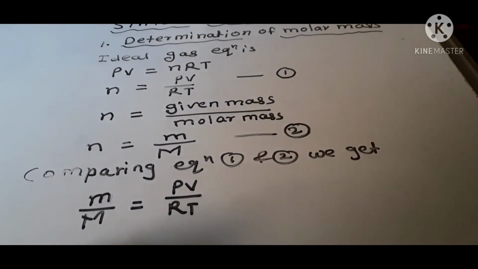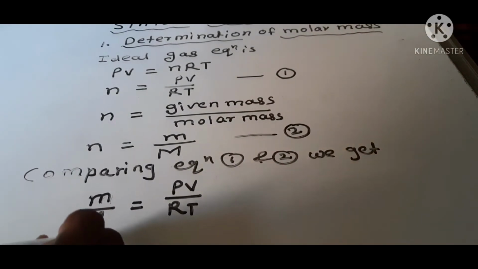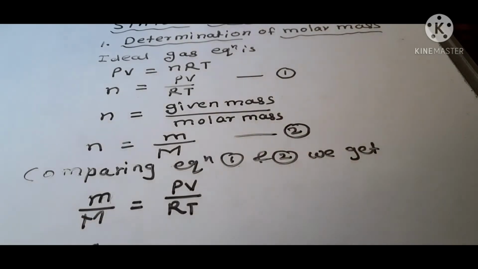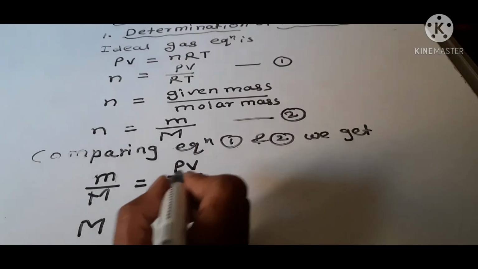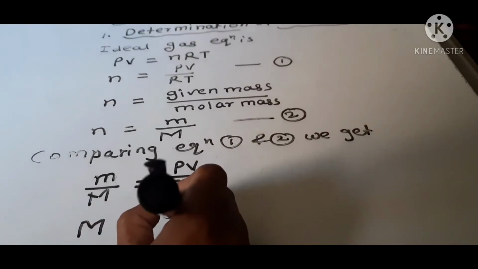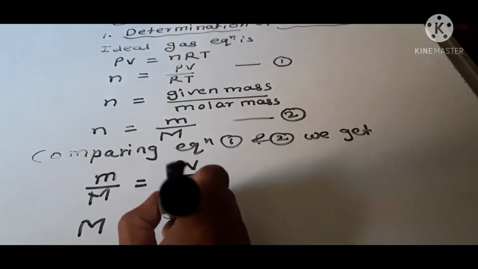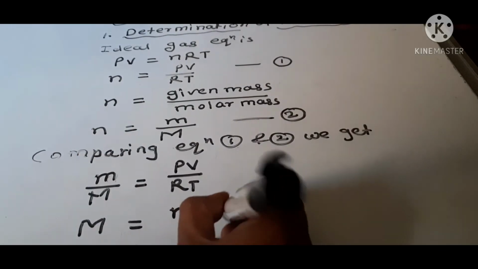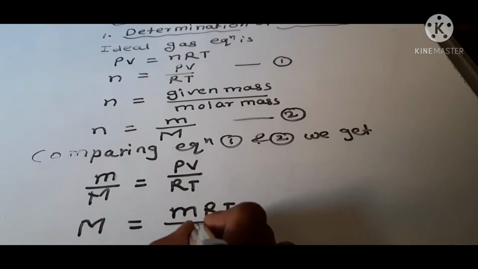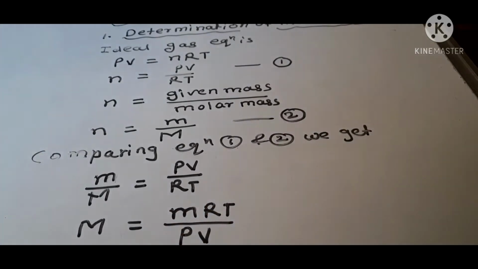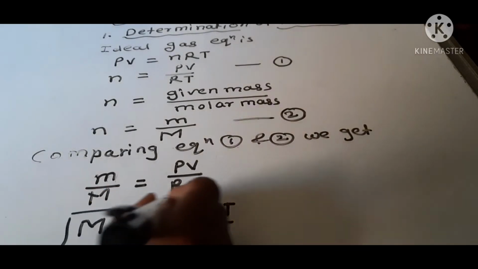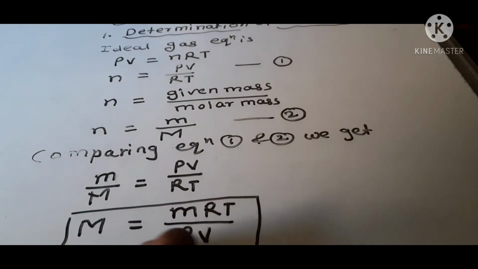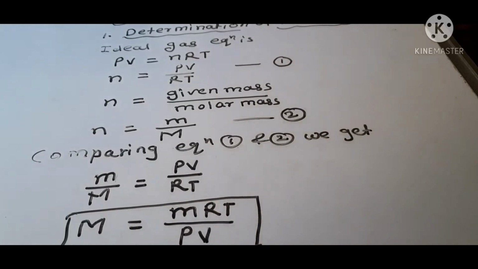Then capital M equals small m into RT upon PV, and this is the equation for molar mass of a given compound by using the ideal gas equation.